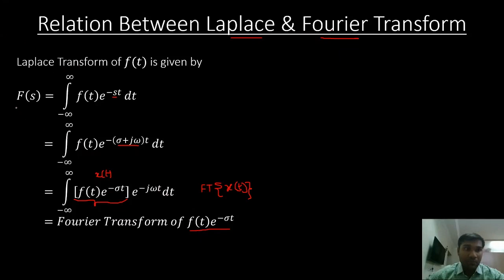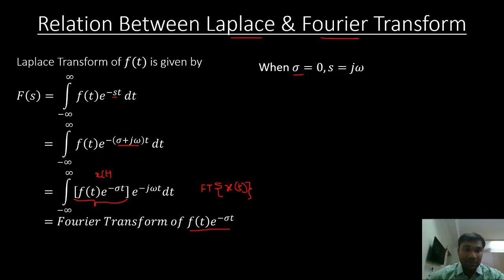Laplace transform of f of t is nothing but Fourier transform of f of t into e power minus sigma t. Now, s is nothing but sigma plus j omega. If I substitute sigma equals to 0, s will be equals to j omega. Now, what will happen?